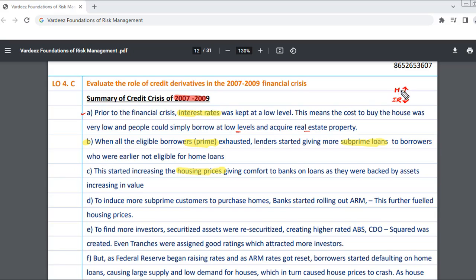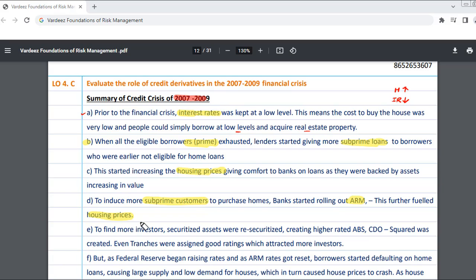So the housing prices started to shoot up, and to attract more subprime customers, banks started giving out the ARM, the adjustable rate mortgage, wherein for the first 2 years the rate of interest is very low, and then after 2 years it comes up to market levels. This also fueled the housing prices. This also gave a boost to the housing price increase.